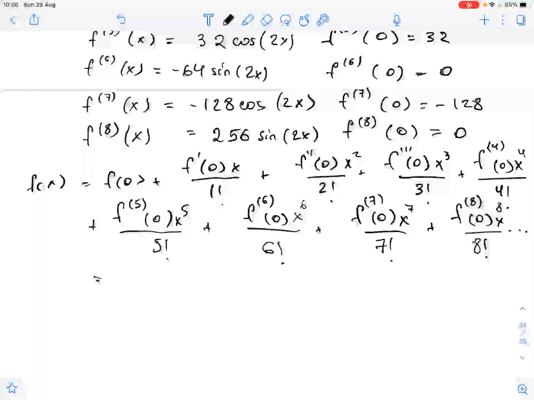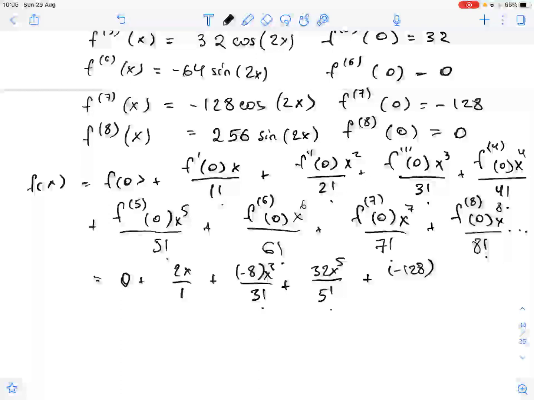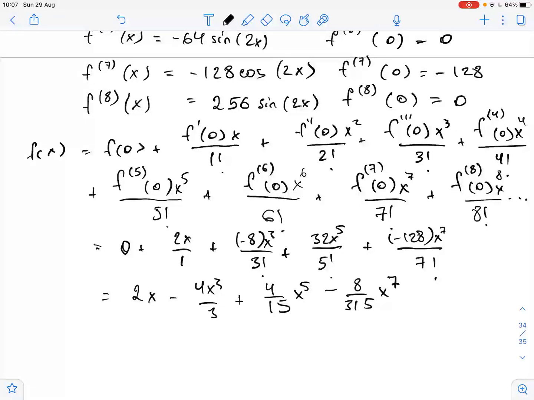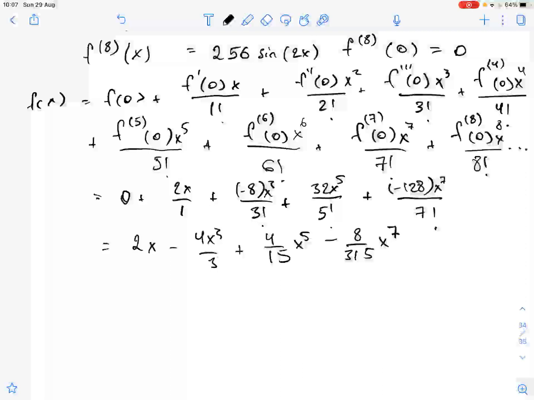Then we substitute the values of the derivatives at x equals 0 into this expression, and we get that this equals 0 plus 2x over 1 plus negative 8x cubed over 3 factorial plus 32x to the 5th power over 5 factorial plus negative 128x to the 7th power over 7 factorial, and this equals 2x minus 4x cubed over 3 plus 4 over 15 times x to the 5th power minus 8 over 315 times x to the 7th power.